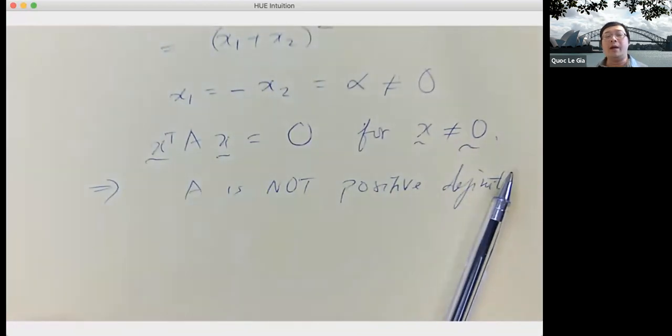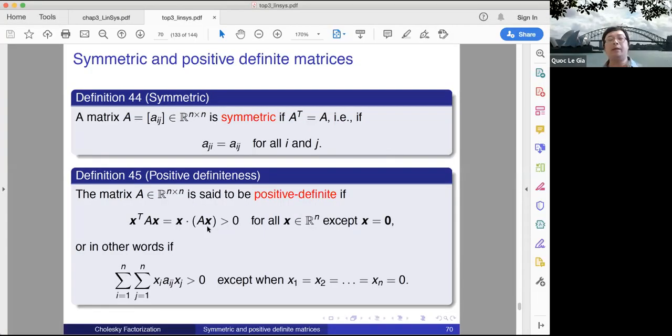Okay, so anyway, now we go back to the slide. The matrix is positive definite when this quantity is positive for every non-zero vector X, and only when you have a zero vector X is it 0.